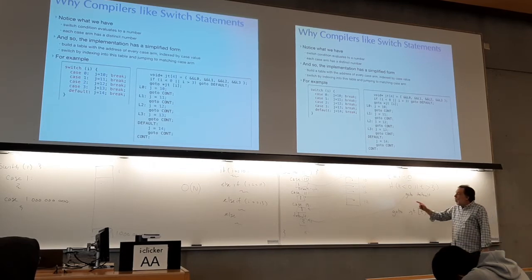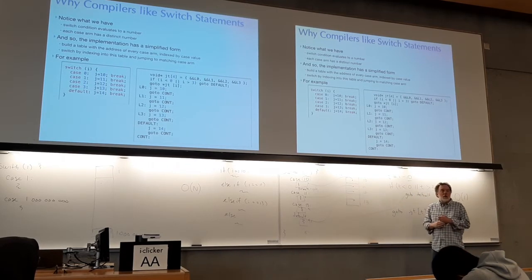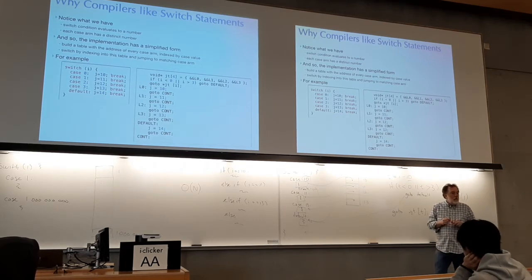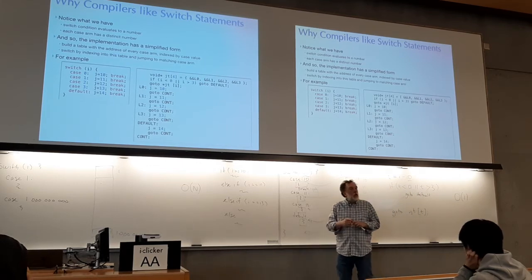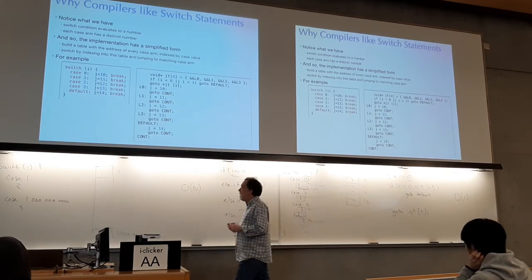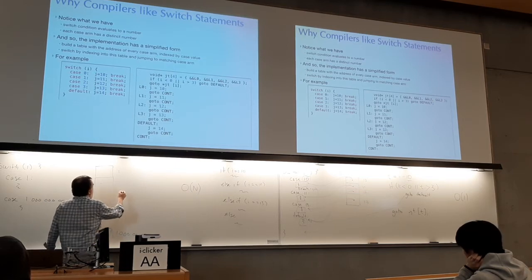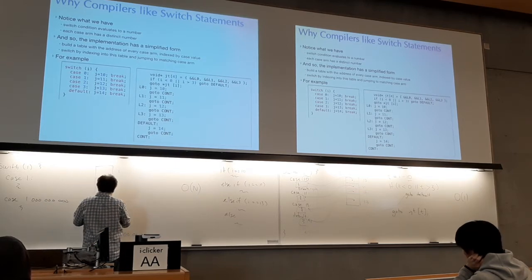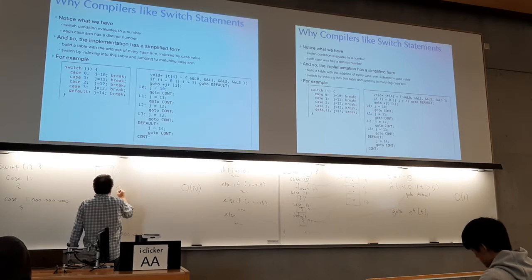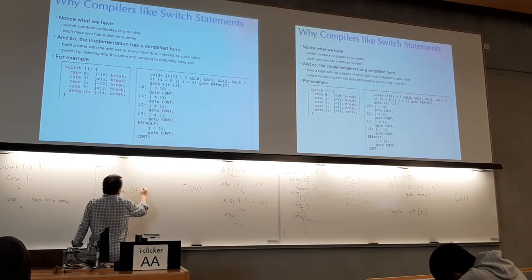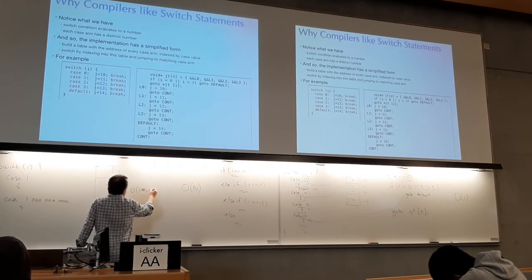So what determines the size of the jump table? It's the difference between the largest case label and the smallest case label, plus 1. Right? So this is size O of large minus small.